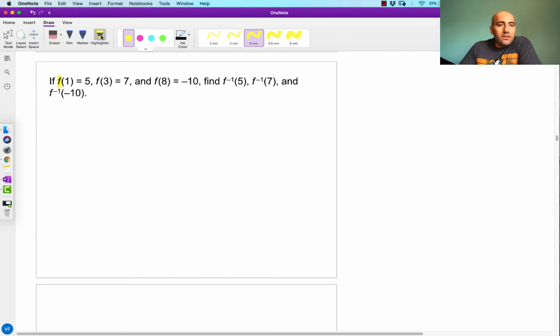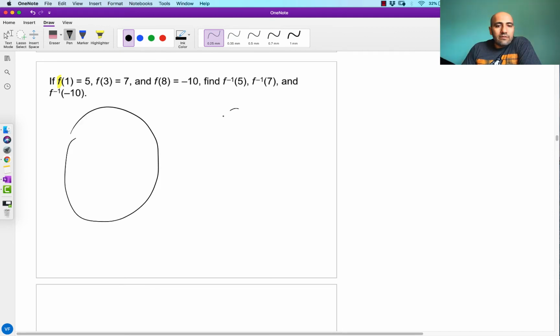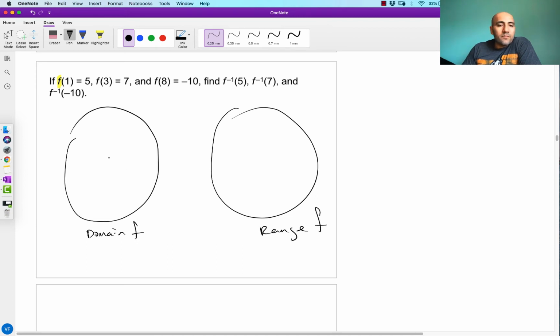So let's map them. Doing the jelly bean description of what we are given, under the f function, let's call this the domain of f, and this the range of f. We have that the number 1 is in here, and it maps me over to 5. And the number 3 is in here, and it maps me over to 7.